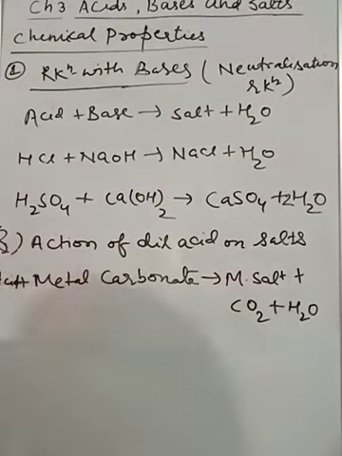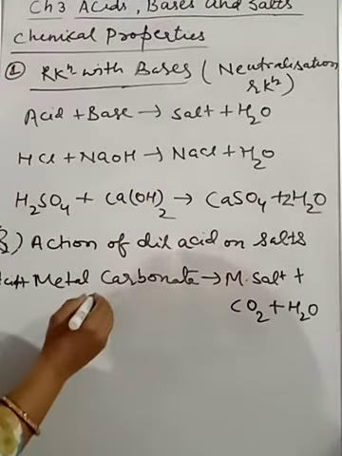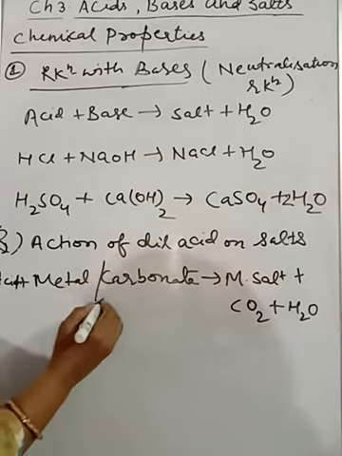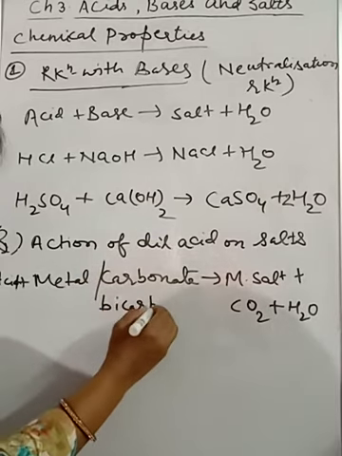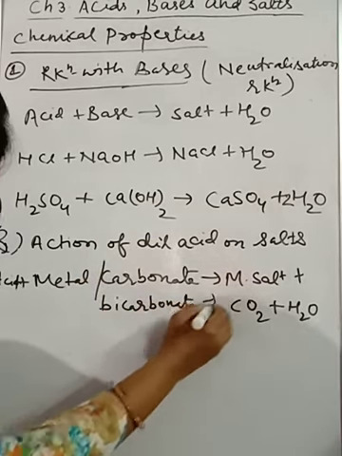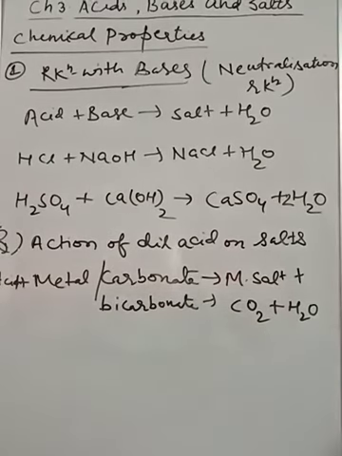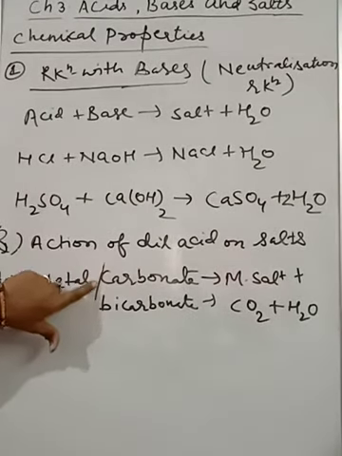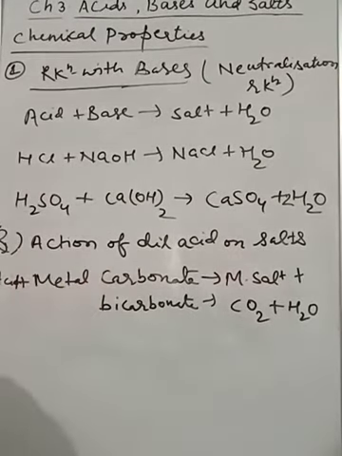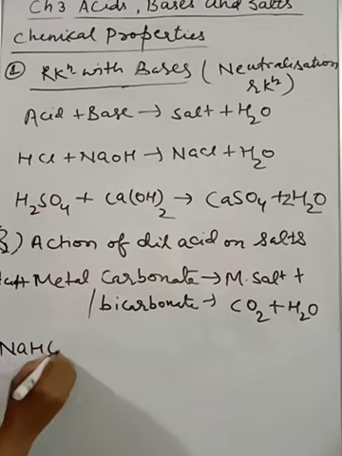So either we will take carbonate or bicarbonate. In both cases children, the product will be similar. Metal carbonate or bicarbonate, the product will be carbon dioxide, water and metallic salt. For example, we are going to take metallic carbonate, take NaHCO3 or Na2CO3.